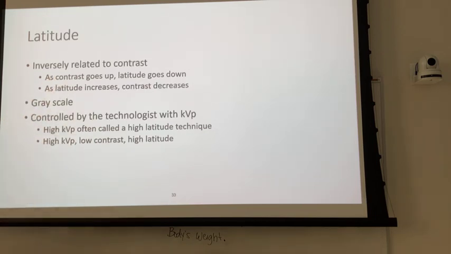Inversely related to contrast, so high grayscale, long grayscale is high latitude. So as contrast goes up, latitude goes down. As latitude increases, contrast decreases. So grayscale follows latitude. Latitude and grayscale are really the same thing. As grayscale increases, latitude increases.